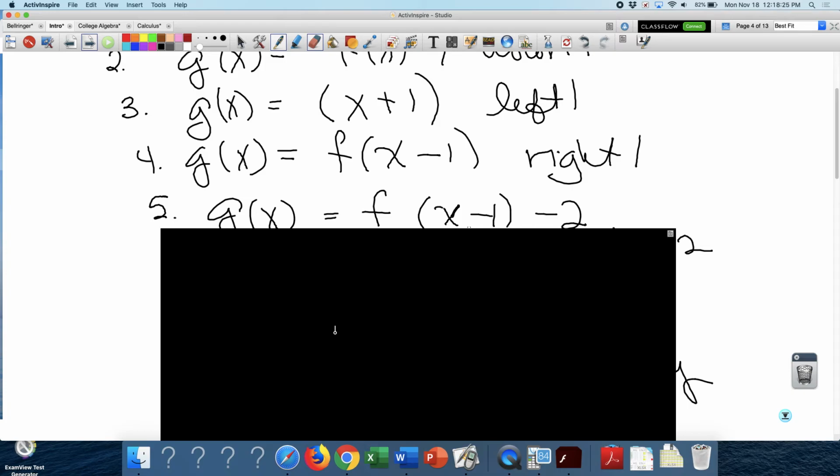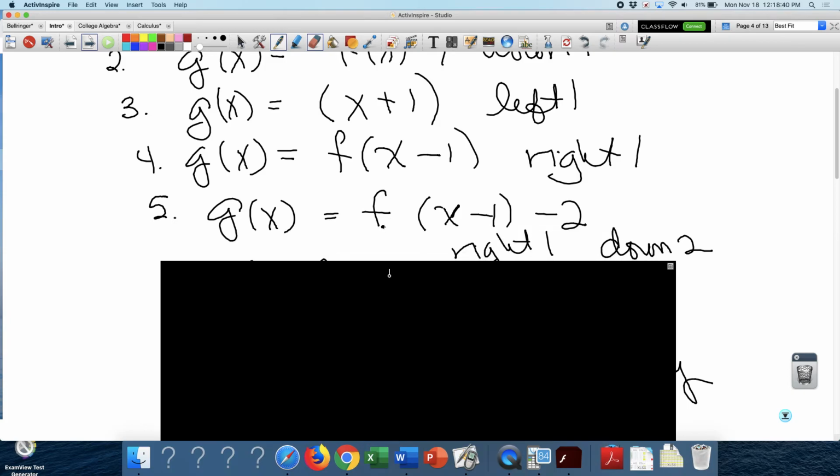Think about the bookshelf. Inside, left, right. Outside, up, down. So, right 1, down 2. Then the other one's left 1, up 2. All right, hold on. Don't get ahead of me, because we have more.